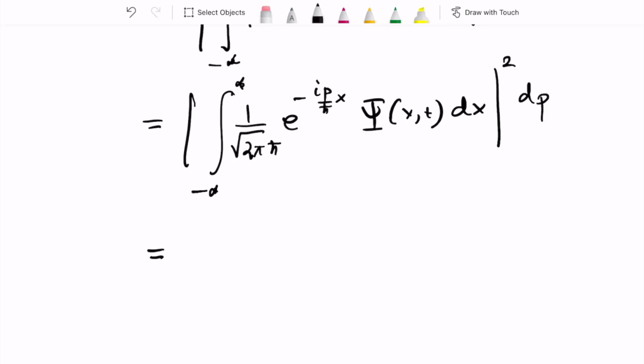So we call this integral phi of p, t. When you take a Fourier transform, it's just going to depend on p, it's not going to depend on x anymore because you're integrating over x. So we call this quantity the momentum space wave function. And so the probability of the momentum lying between p and p plus dp is just the momentum space wave function squared times dp. And so that's it, and that's exactly what we would have expected, and that's what the statistical interpretation is telling us.